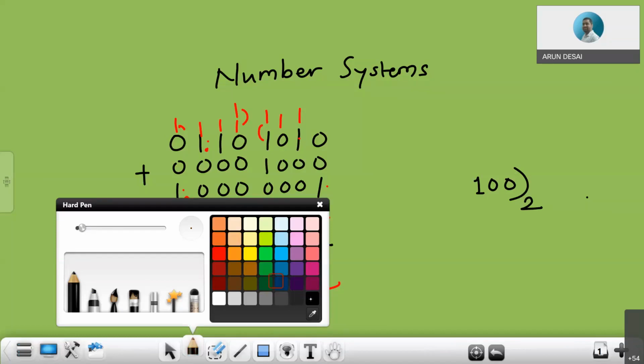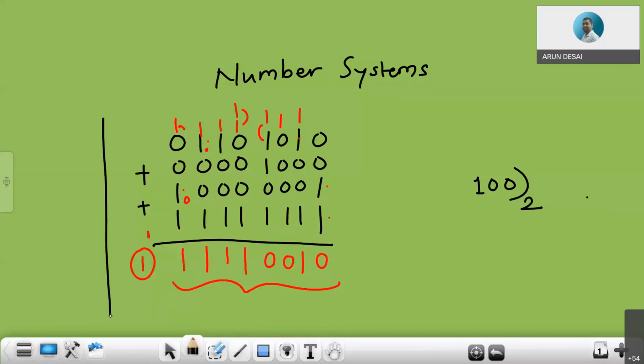Try to solve this simple example: 1011 minus 0110.